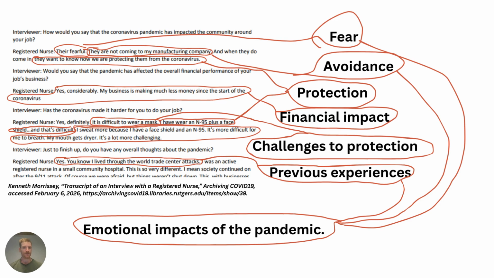And I might see a few other comments on things that are more logistical impacts, and they might start to form their own sub-themes. At the moment, I don't think there's enough there to form a sub-theme for the financial impact, the protection, and challenges to protection. But emotional impact, I'm starting to get that from this text. And other people might have different perspectives, and that's fine.